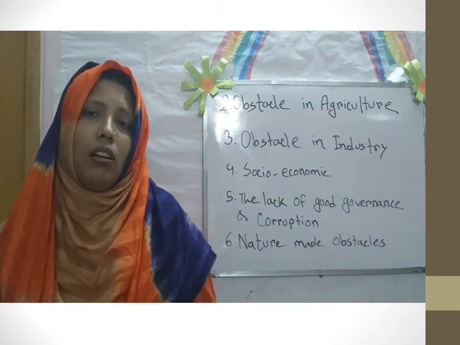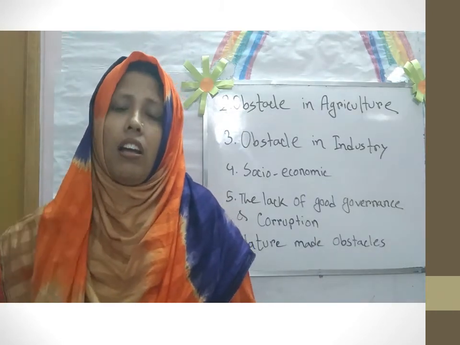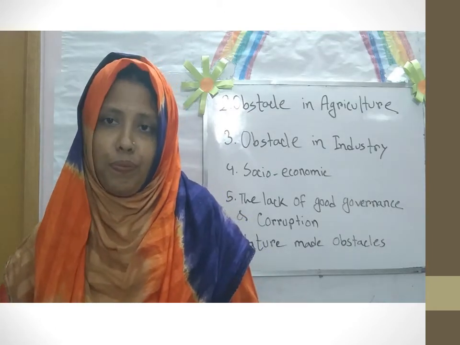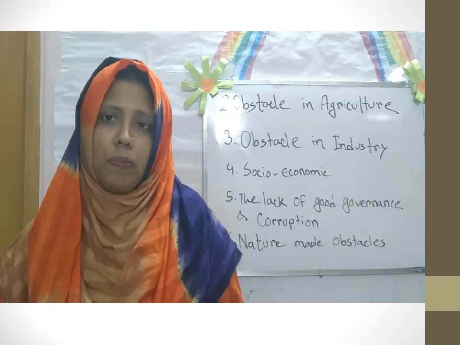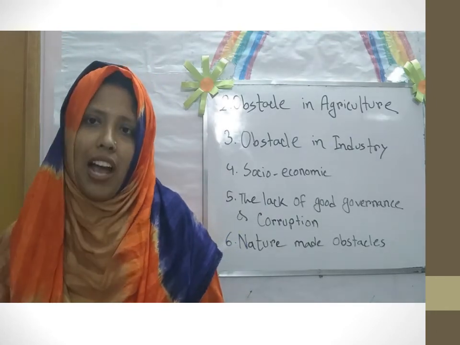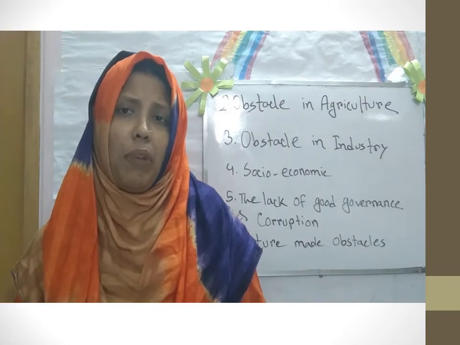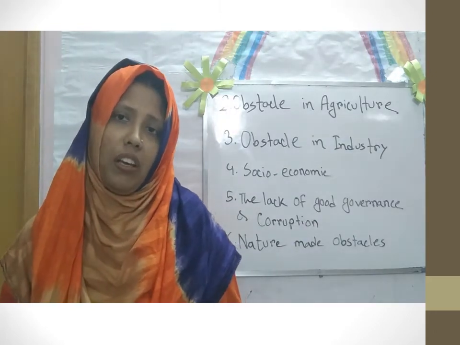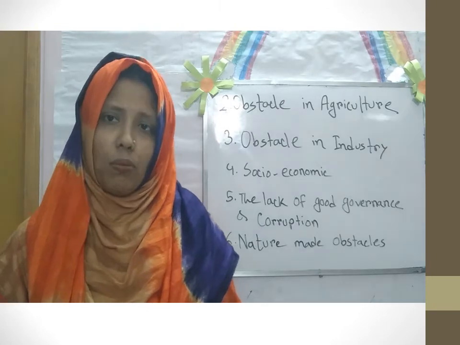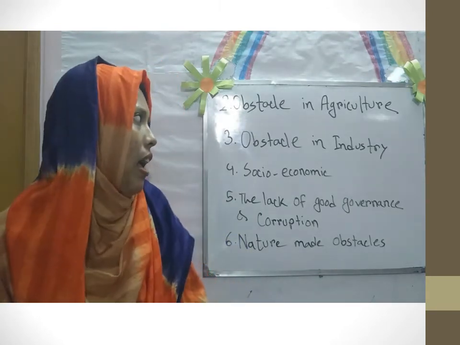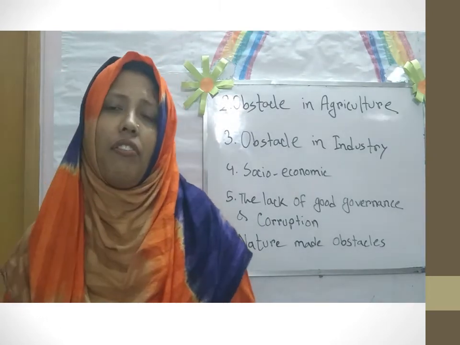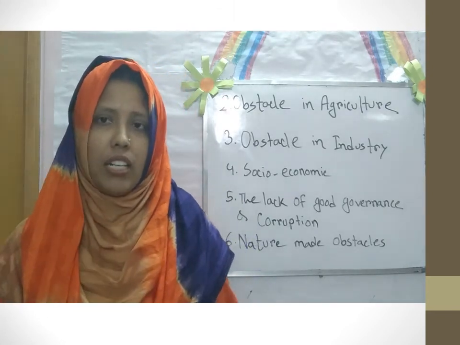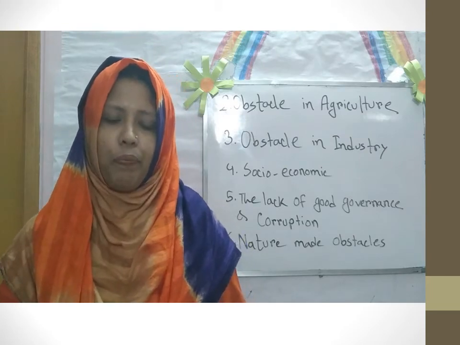Natural disasters destroyed many of our cultivable land, many crops, our roads and highways, our mills and factories. For that reason, our economy again fell into an underdeveloped condition. And these reasons are very much responsible for our underdeveloped economic condition.